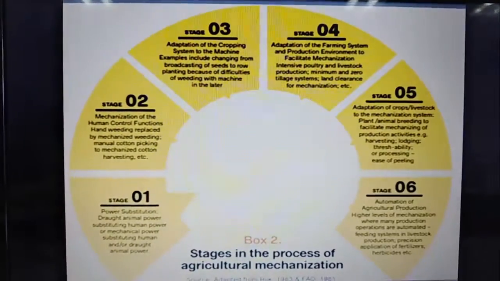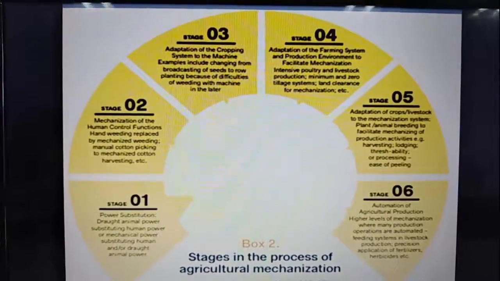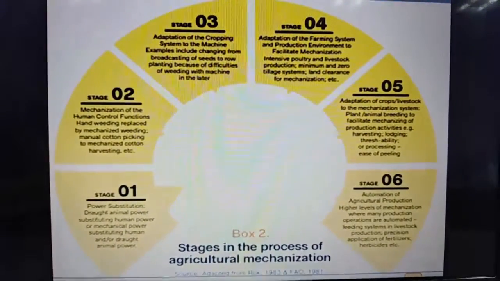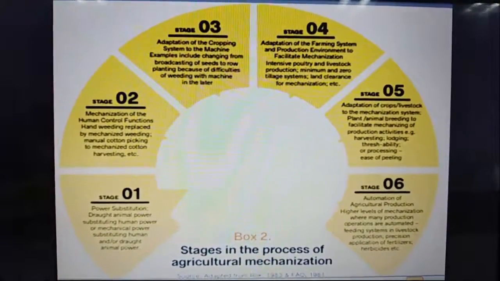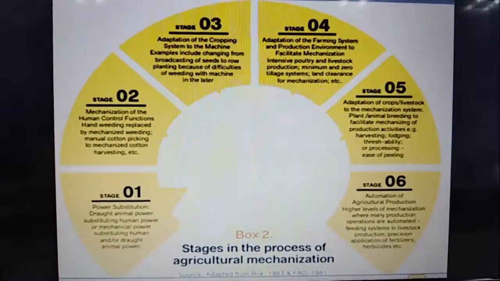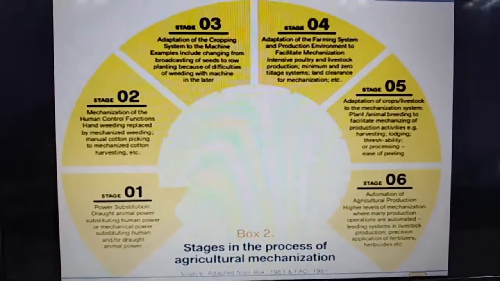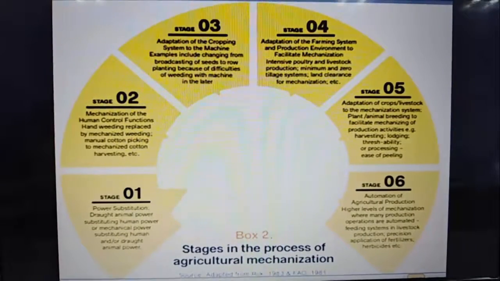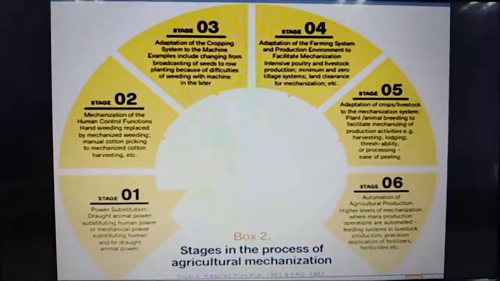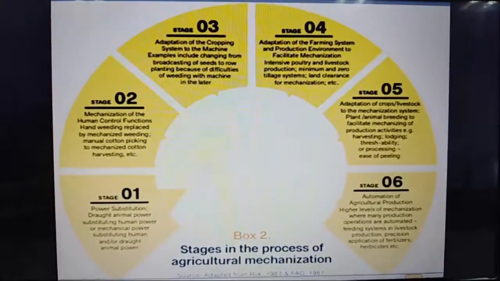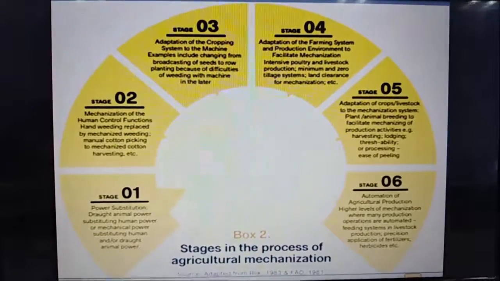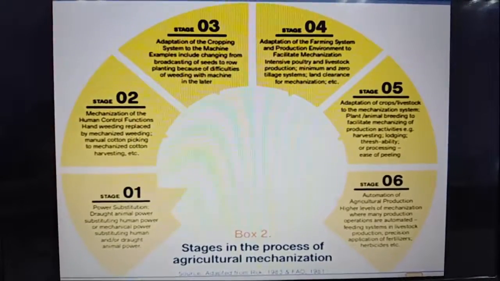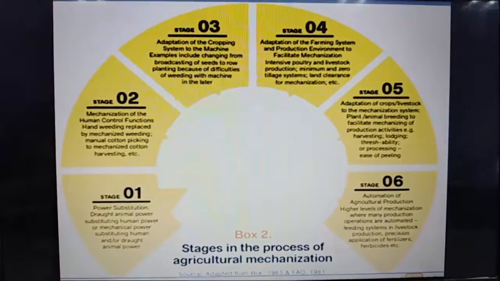Continuing on to stage 4, the adaptation of the farming system and production environment to facilitate mechanization, as in intensive poultry and livestock production. Stage 5, the adaptation of crops and livestock to the mechanization system, by using plant or animal breeding to facilitate mechanization of production activities, as in harvesting, lodging, and threshability.